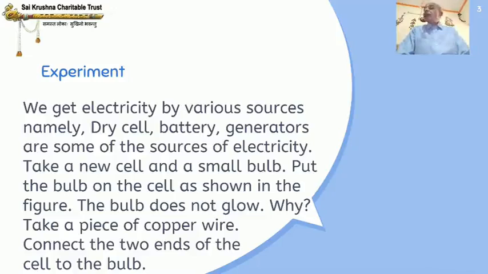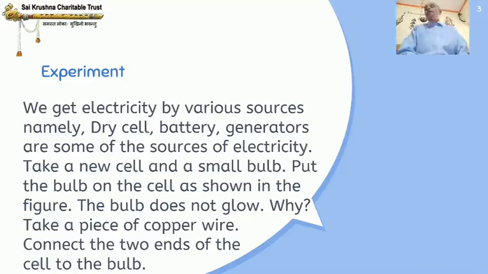Where do we get electricity from? We get electricity from various sources, namely dry cells, generators and batteries, which are some of the sources of electricity.